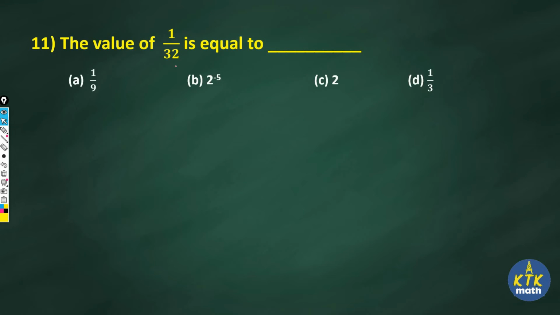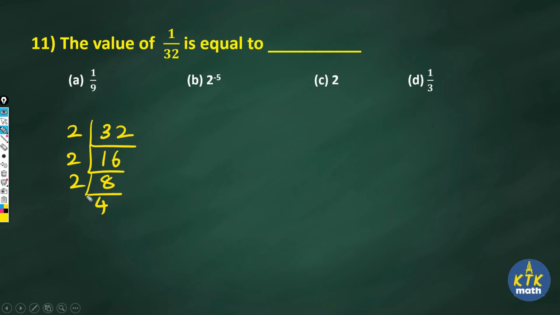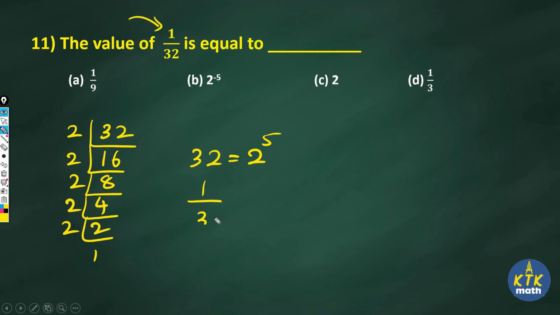We have an important rule for that, which is the negative exponent. So this 32 is nothing but, when you keep dividing by 2, you get 16, 8, 4, 2, 2, which means 32 is nothing but 2 power 5. And the question is asking 1 by 32.